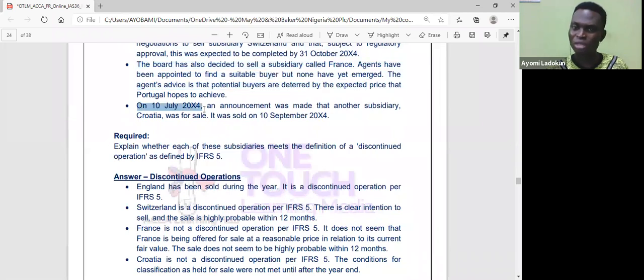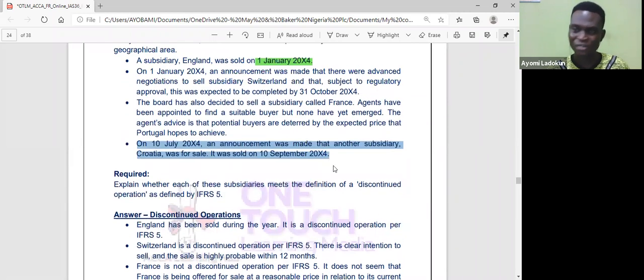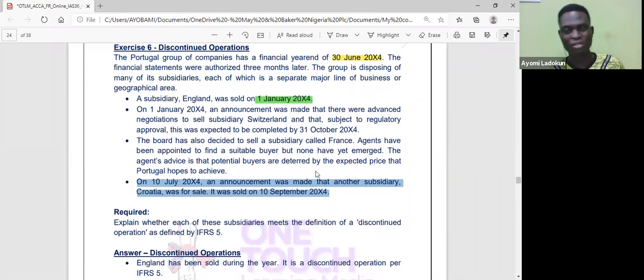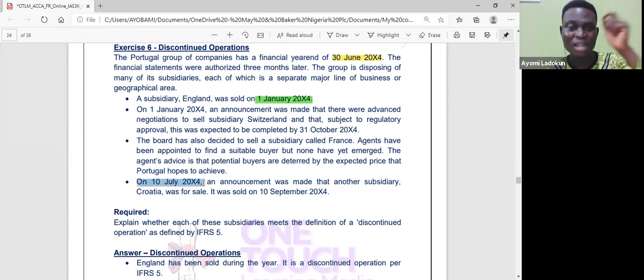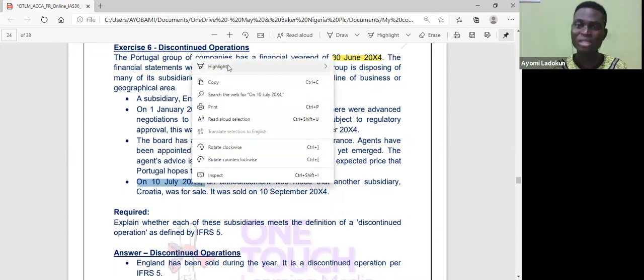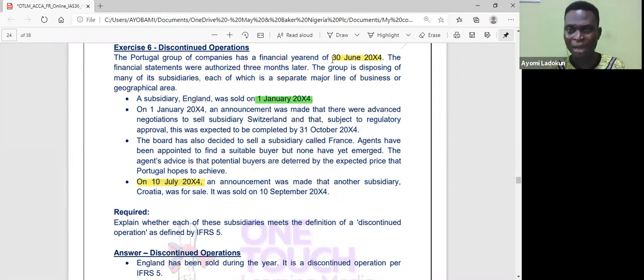On 10 June 20x4, an announcement was made that a subsidiary, Croatia, was for sale. It was sold on 10 September 20x4. Can I classify it as held for sale? Listen to me here. It said on 10th July 20x4, and my accounting year end is 30th June 20x4.